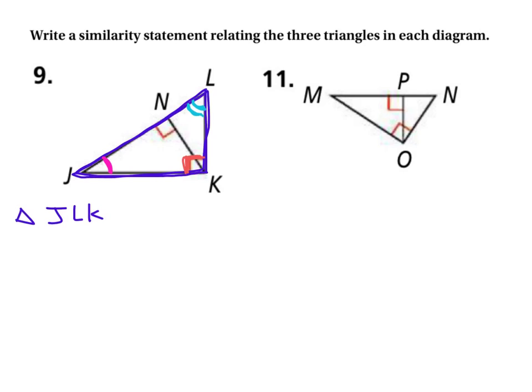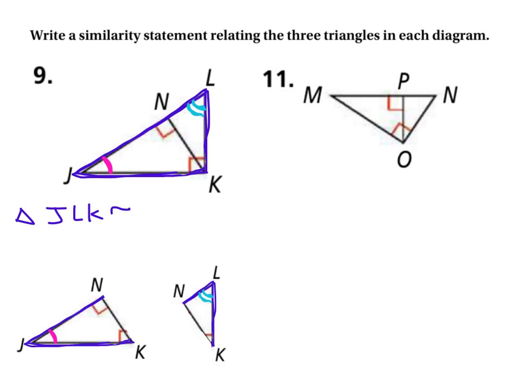What we're doing here is we're going from the vertex with the single mark, the pink mark, to the one with the double mark, L, blue, and then the right angle mark. And that's what we're going to do once we split these triangles up. Okay, so I'm going to see if I can use my tool and split this up. Hang on.